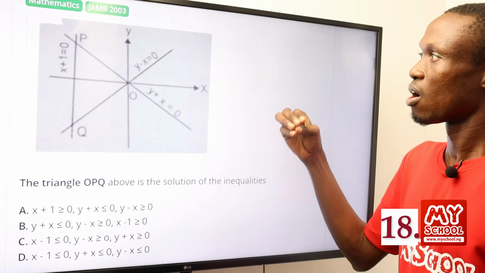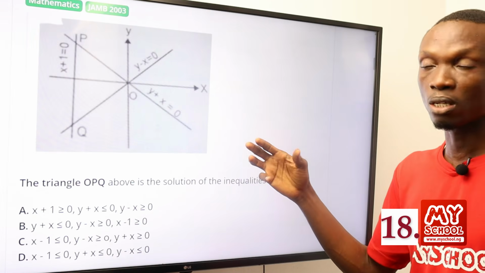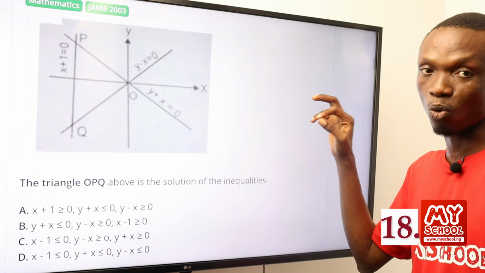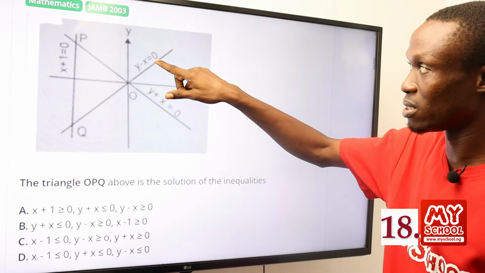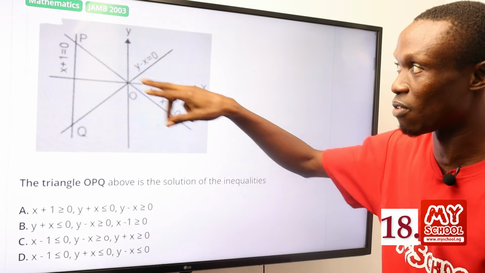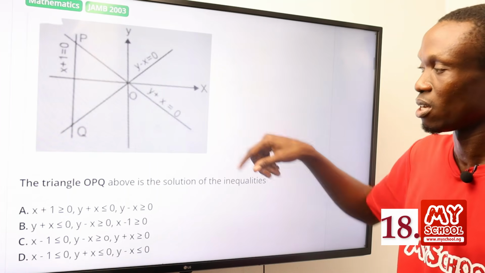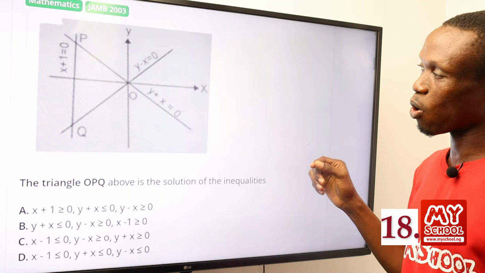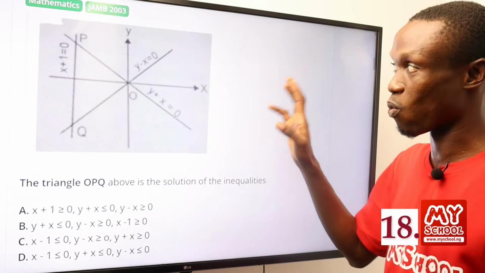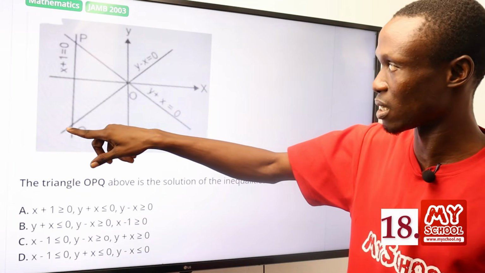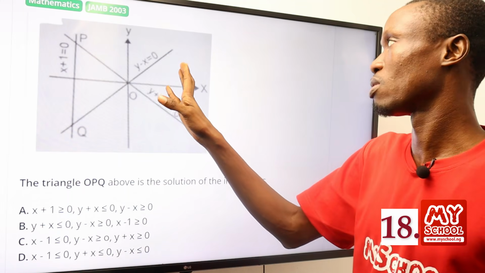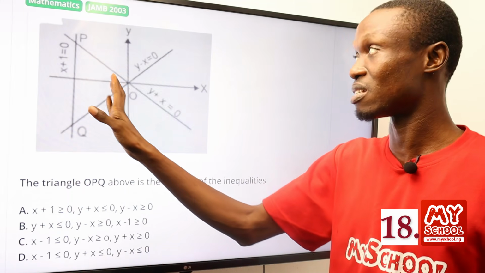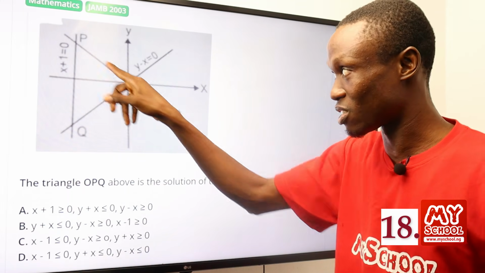So in that case, we are going to be using greater than or equal to or less than or equal to, to replace these equal to signs that we have in the equations of these lines, right? So basically what we do is consider the lines one after the other. So let's consider this line. If you look at this line, you find out that the upper part of this line is involved in getting this triangle.